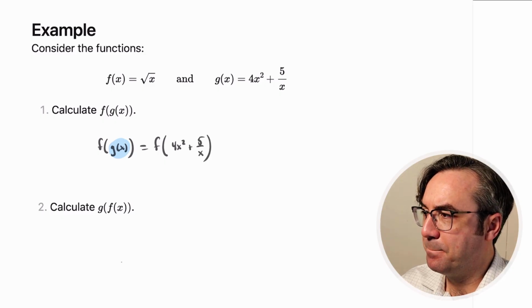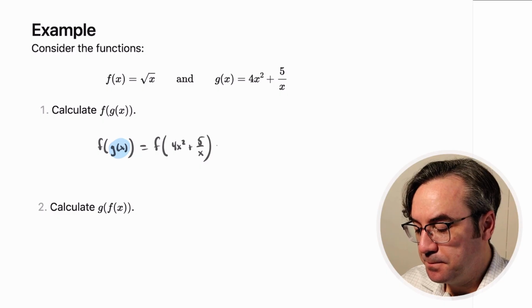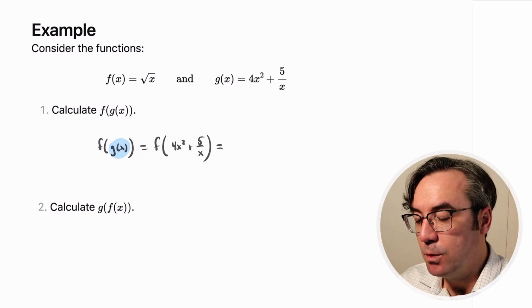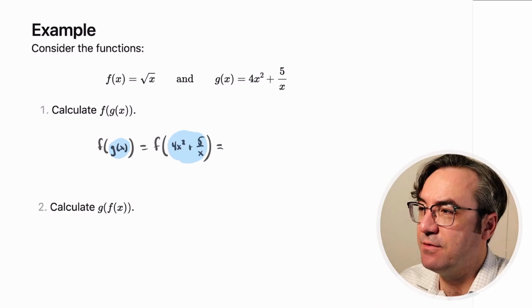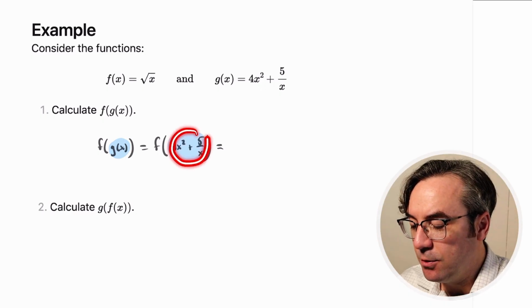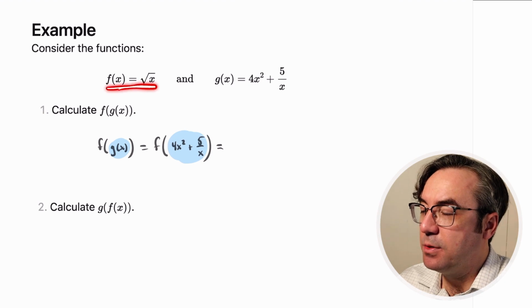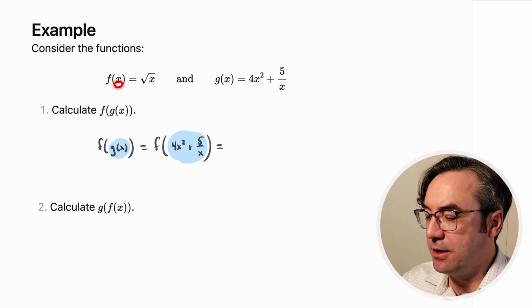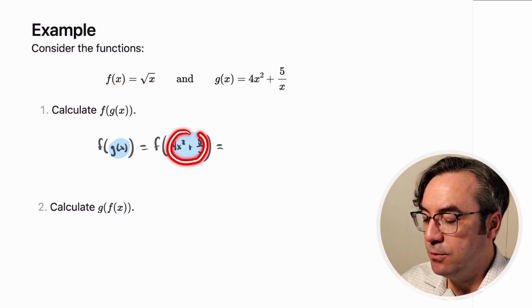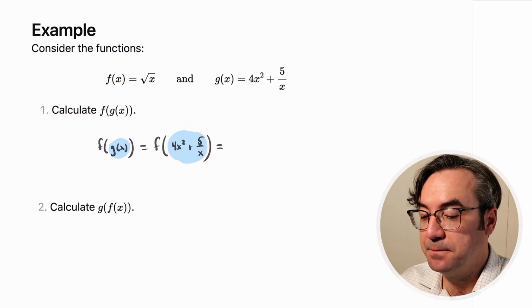Okay. So now, what are we going to do? Well, now we're going to take this whole thing, this whole 4x squared plus 5 over x. We're going to take that whole thing and we're going to plug it into function f. So wherever we see an x here, we're just going to swap that out with this entire thing.